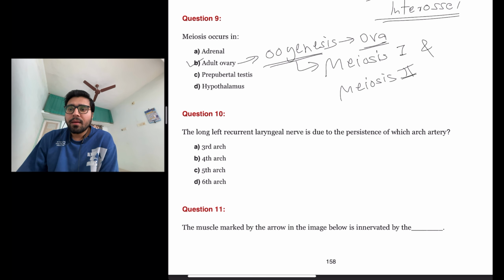Okay. The next question is: the long left recurrent laryngeal nerve is due to the persistence of which arch artery?